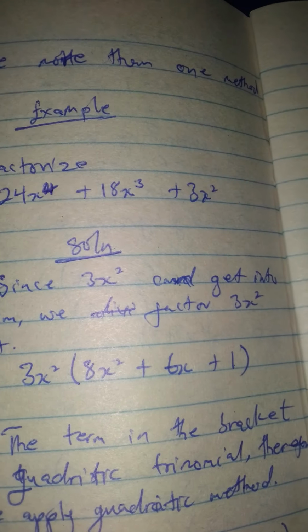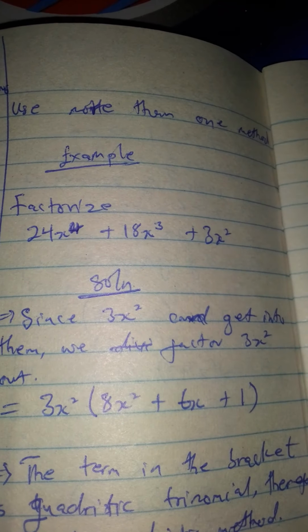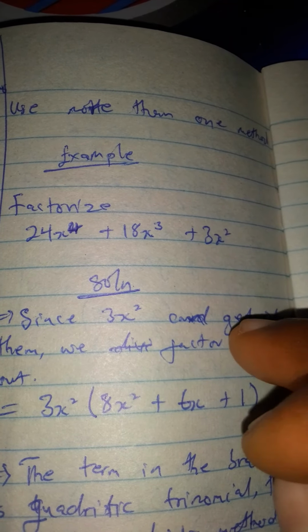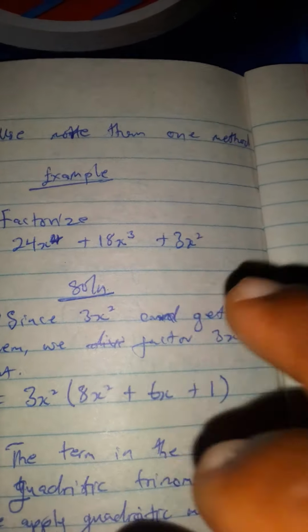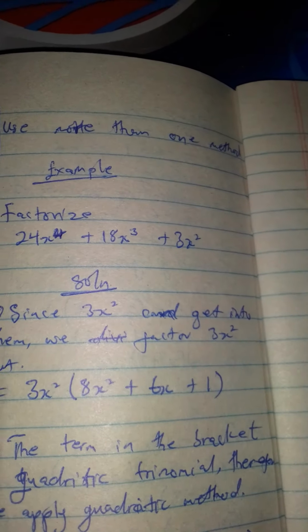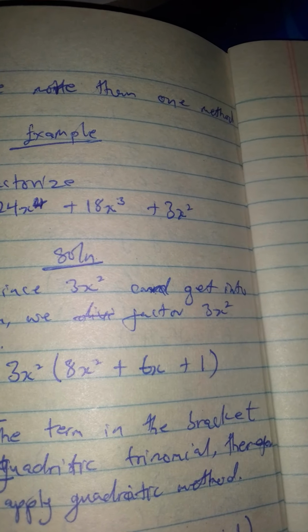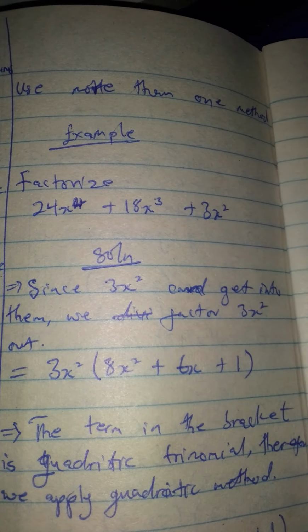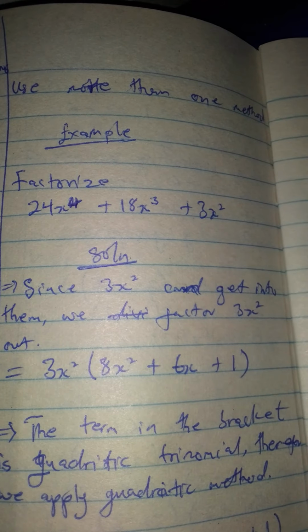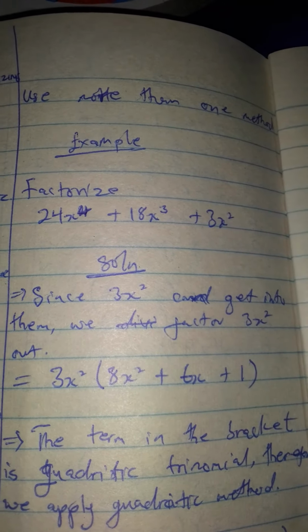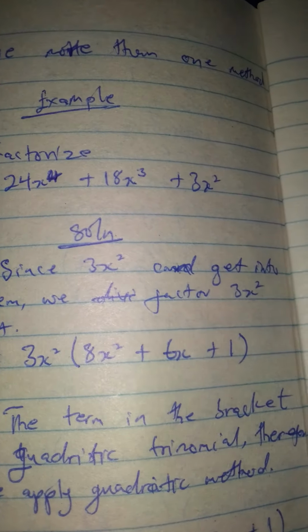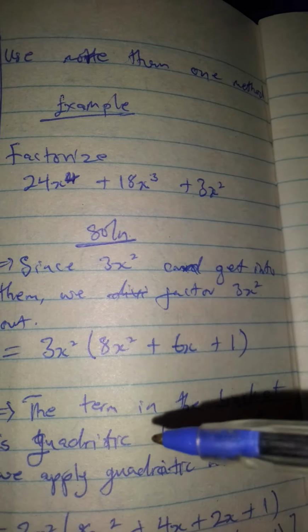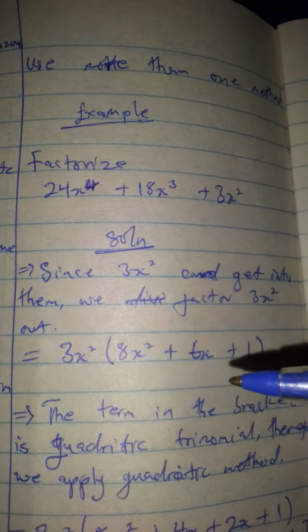Sometimes students will look at some questions and punch the paper, saying the question is wrong. Then you raise your hand to the supervisor or the invigilator, saying this question is wrong. Some mathematics questions may be wrong, but always try to apply something. If it doesn't work at all, then you know.